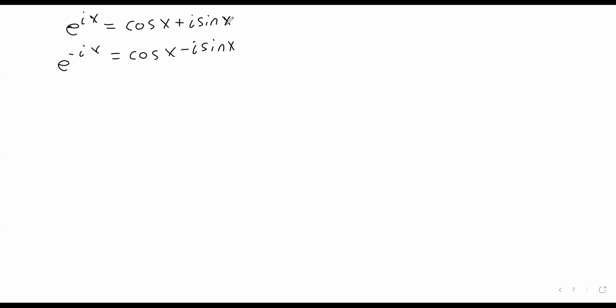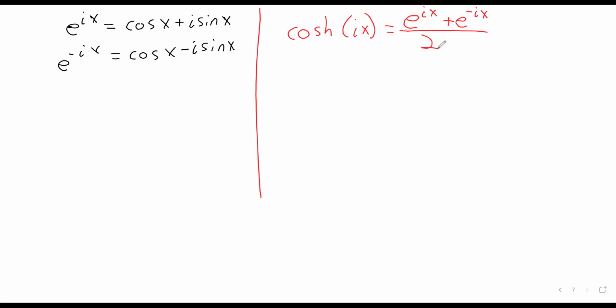And I've given you a definition of the hyperbolic cosine, so let me see. So the hyperbolic cosine of ix is e to the ix plus e to the negative ix over 2.